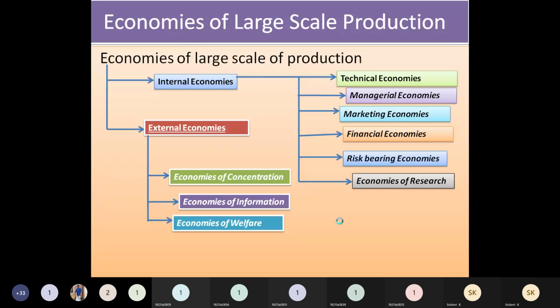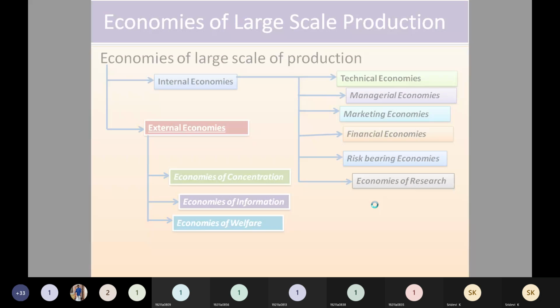Not only that, you will be utilizing the technology 100% when you produce in large quantity. If you are unable to use 100% of the technology, then automatically some idle technology will be there, which will increase your cost of production, because the expenditure on the whole machinery will be distributed among the quantity that you have produced.